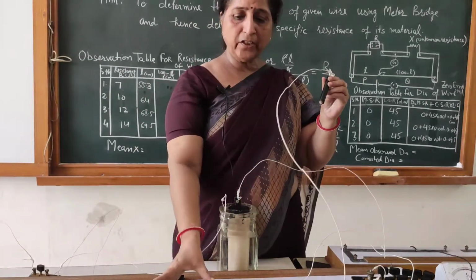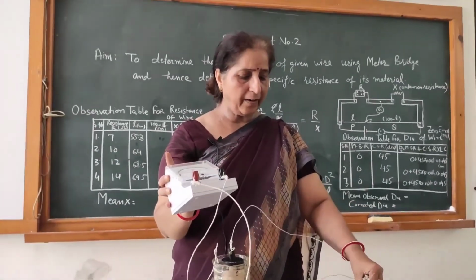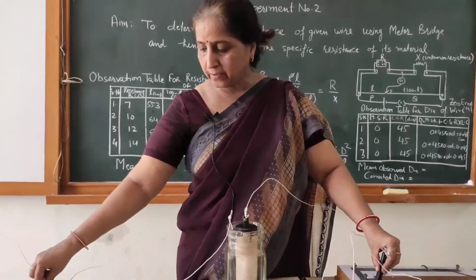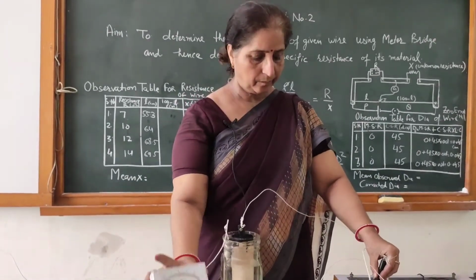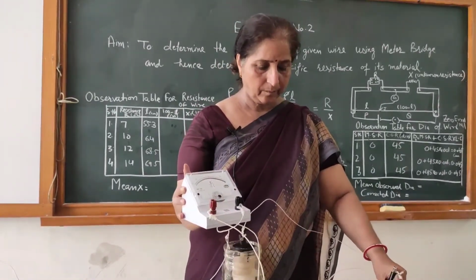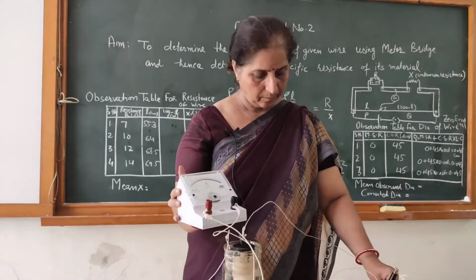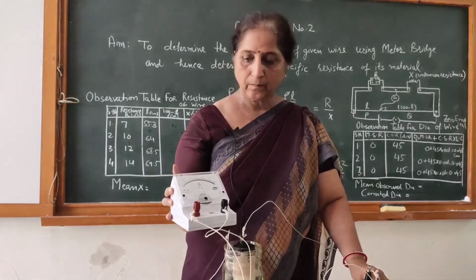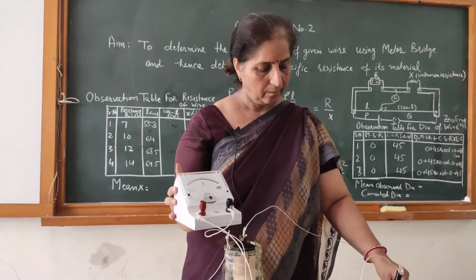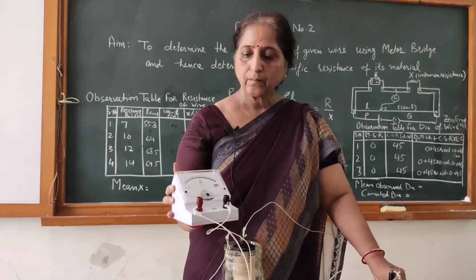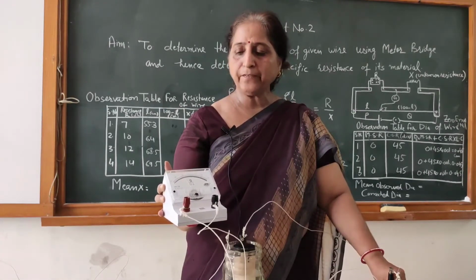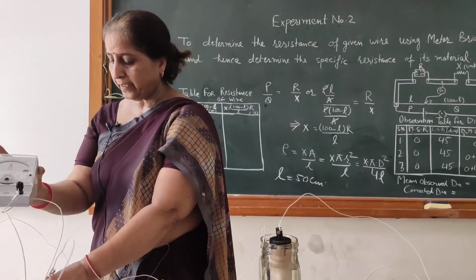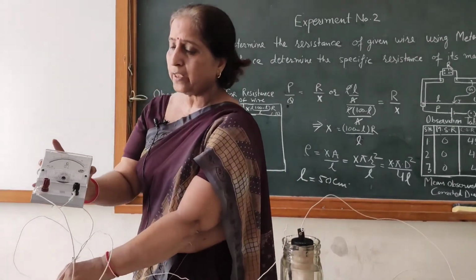For this, first you will touch the jockey at the starting end of the wire, and you will see the direction of deflection in the galvanometer. You can see it is towards your left side, and when we touch the other end, the deflection direction will change to the right.